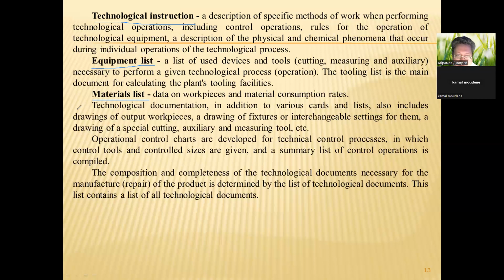The composition and completeness of the technological documents necessary for the manufacture or repair of the products is determined by the list of technological documents. This list contains a list of all technological documents.